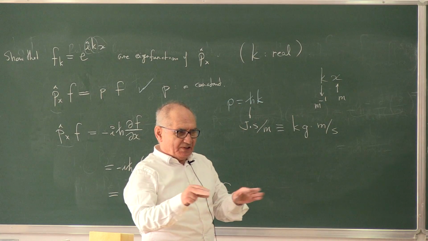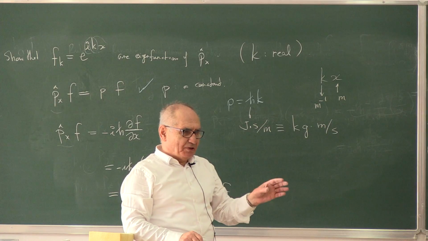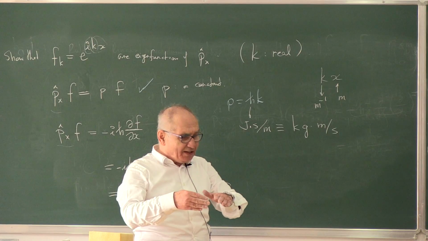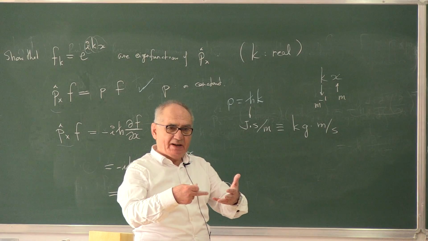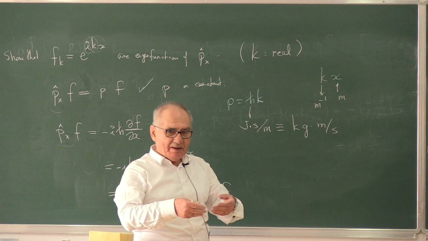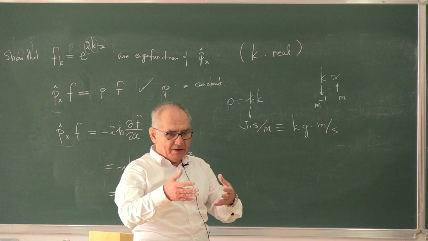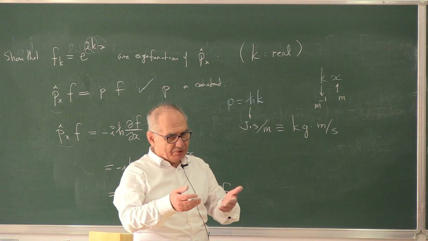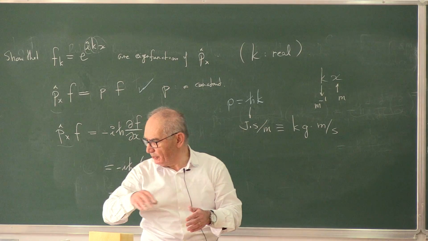So keep all these things in mind. Every symbol has a unit in our discussion because we are studying real systems. Atoms or molecules are real particles, and their properties certainly will have units. All right, we stop here.